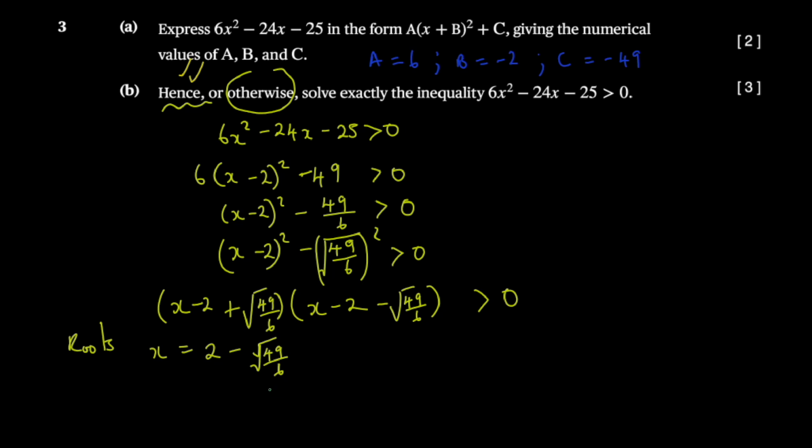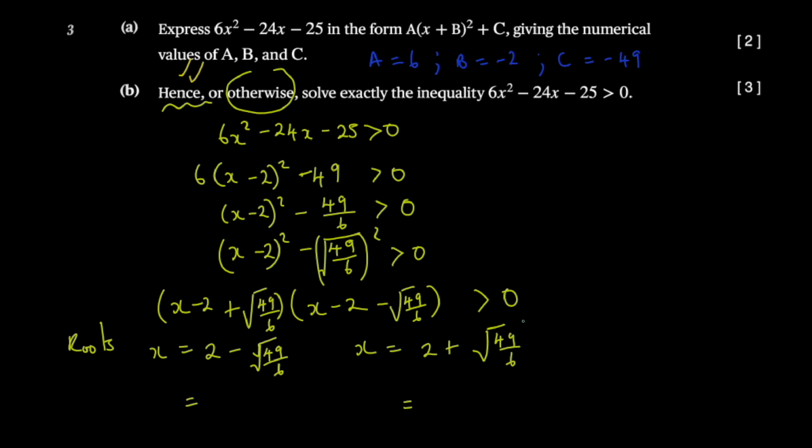I'm sure you can compute it and also get the exact value on your calculator. We're going to compute this one as well, just to see what we'd get. And the other root would be 2 plus the square root of 49 over 6, like this.